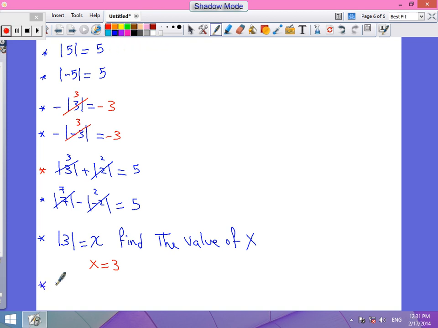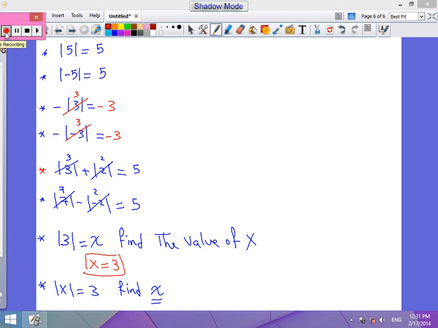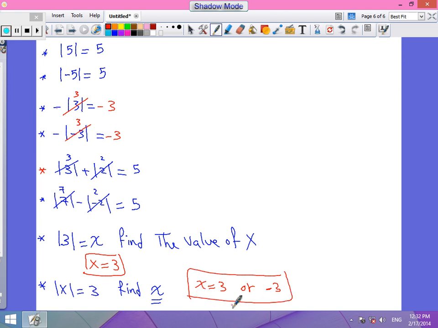But if I have, find the value of x when the absolute value of x equals 3. Here, the absolute value of x equals 3. Maybe x equals 3, because if we put 3, the absolute value of 3 equals 3, or x may be negative 3, because if we put the absolute value of negative 3, the result will also be 3. Then when the absolute value of x equals 3, we have two results, 3 or negative 3.